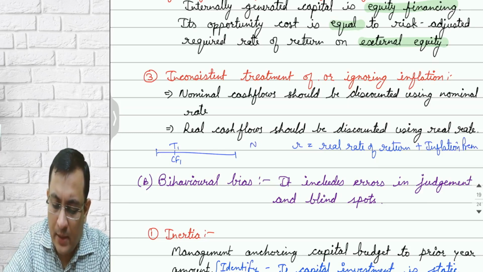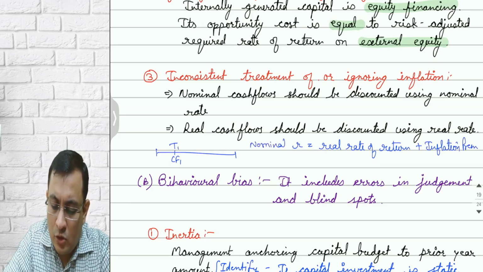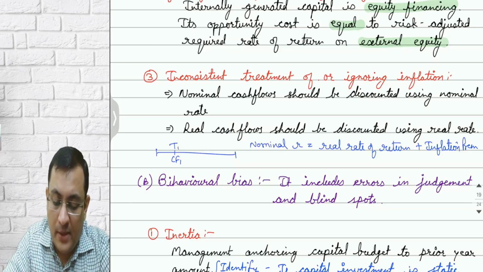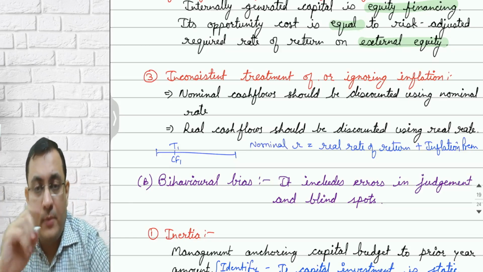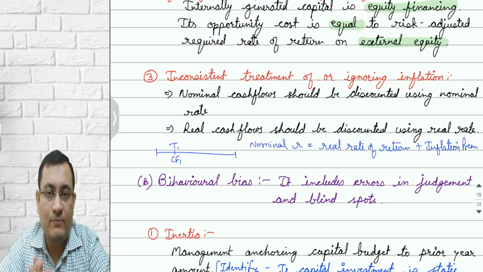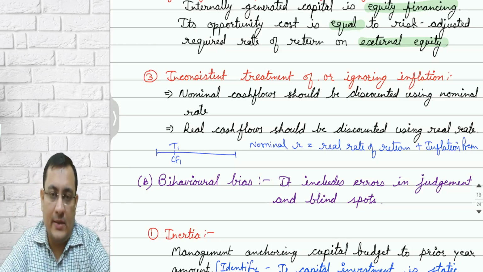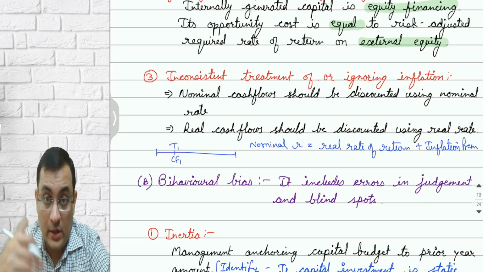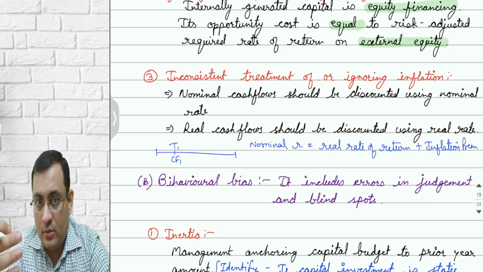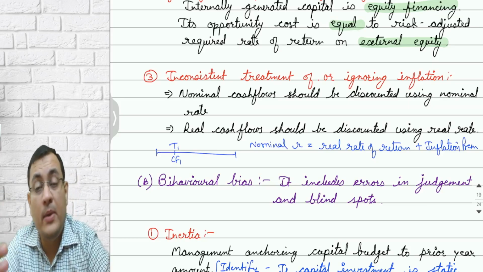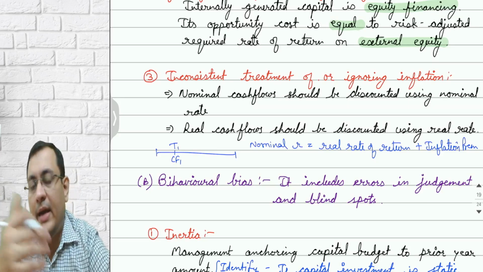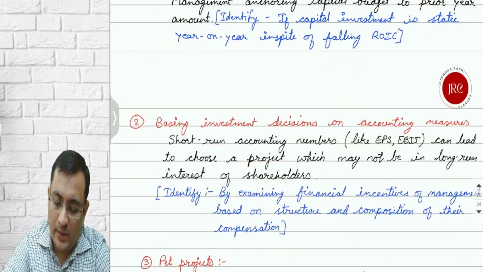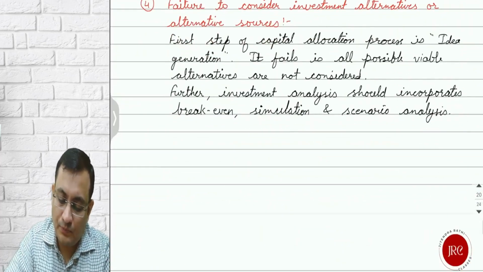This is your nominal rate. So when you are discounting nominal cash flows, you should use the nominal required rate. But if you are adjusting your cash flows for the inflation effect, you should use the real rate for discounting.